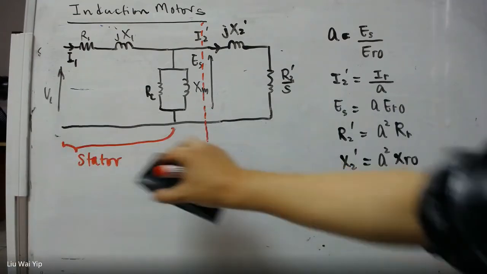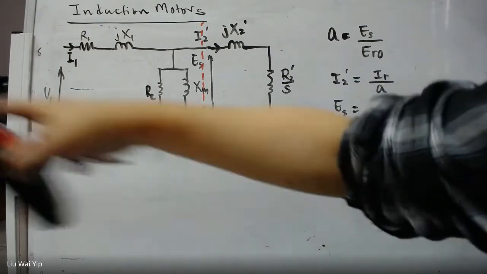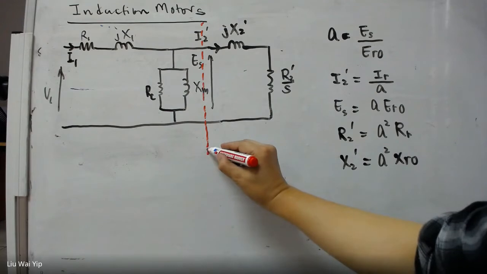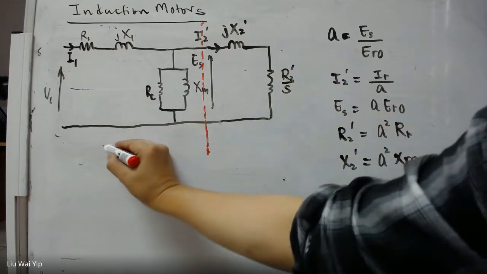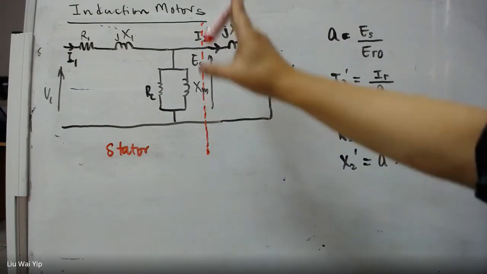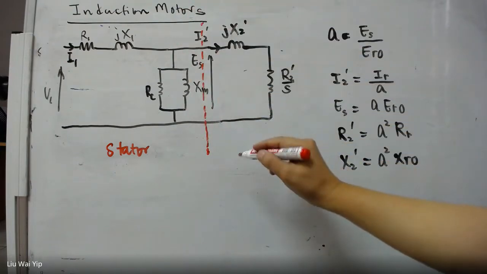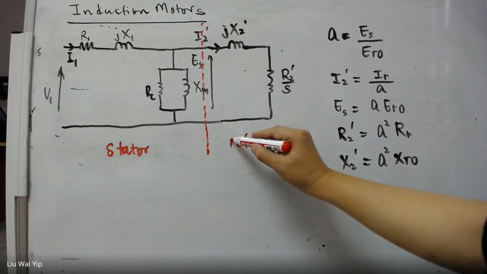Everything on the left of the red line here is the stator, and everything on the right of the red line here belongs to the rotor. So let's make it clear.